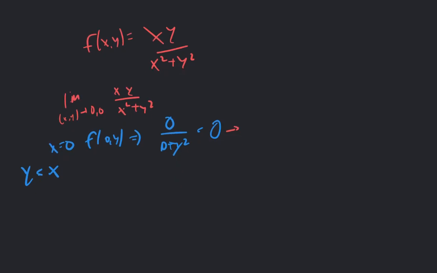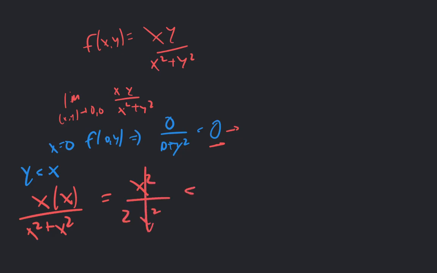We are not, the answer is 0. Along y is equal to x, however, now we can plug in, okay, well, x times x over x squared plus x squared is equal to x squared over 2x squared, or just 1/2. These two values are not equal, so this limit does not exist.